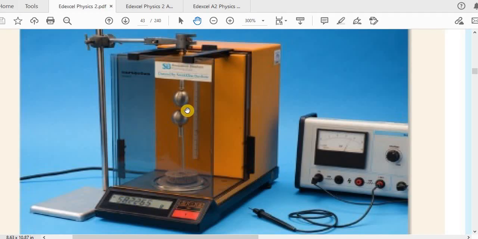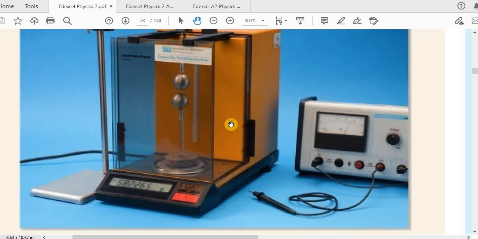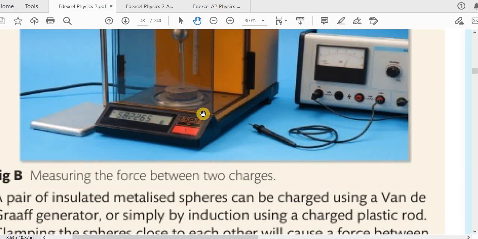Whereas if they have opposite charges, they will attract, so this will try to pull it up, and the reading on the scale will decrease. If we know the charge Q on each, and the distance between them, which you can measure with the ruler, then you can find the electrostatic force.